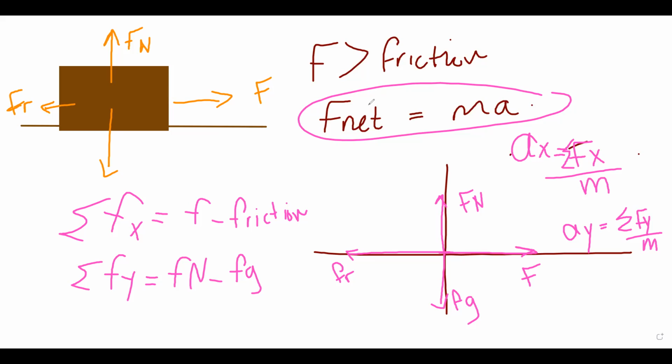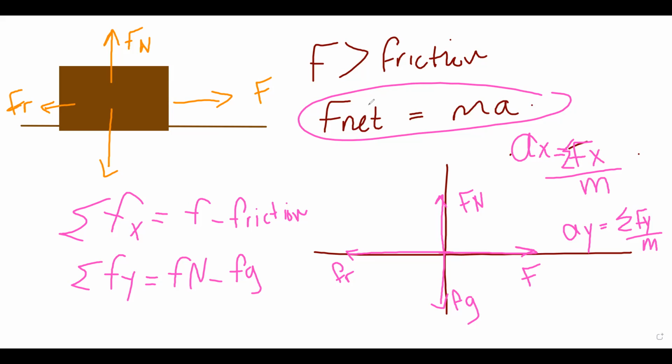Okay. So here you have many forces acting on an object. To represent these forces, you have to use the free body diagram. From the free body diagram, you can find F of x, the resultant force on the x-axis, and the resultant force on the y-axis.